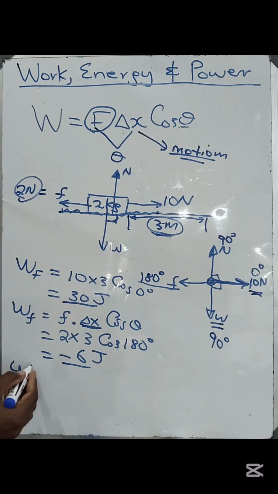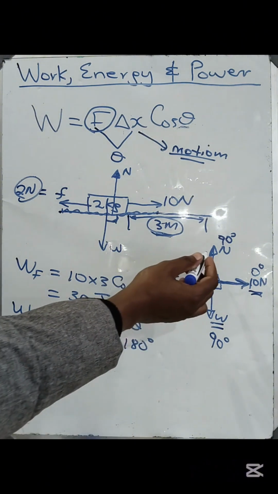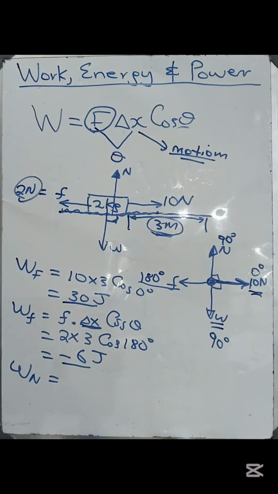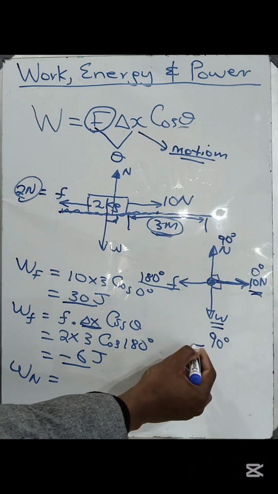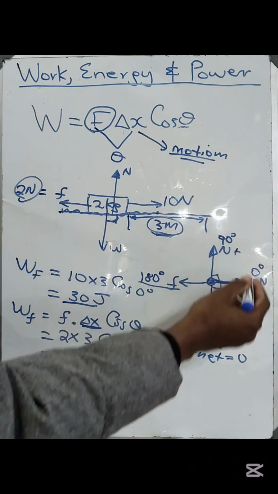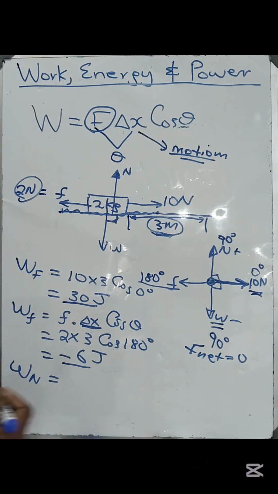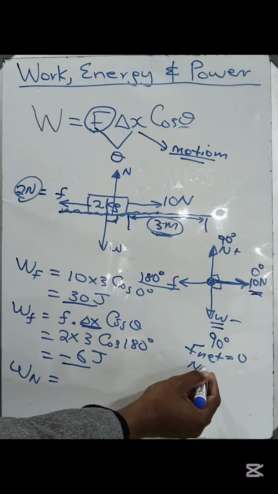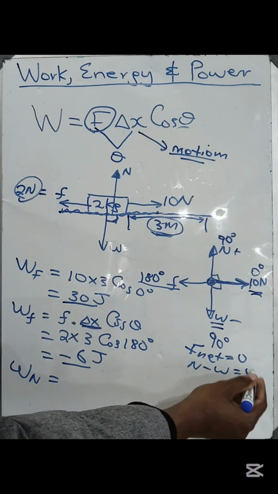Then we calculate the work done by the normal force. For the normal force, we first need to calculate the normal force itself. So when calculating the normal force, F net is equal to 0. Normal force is positive, weight is negative. So the normal force minus weight is equal to 0.